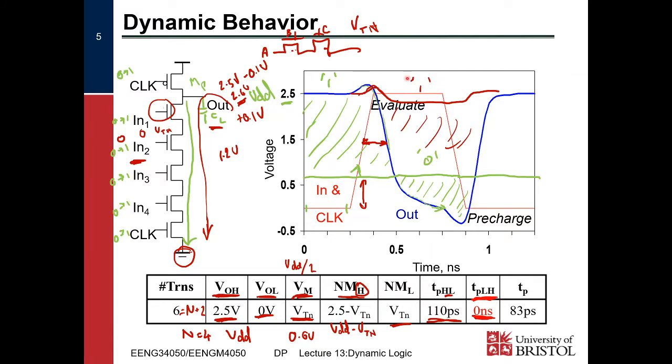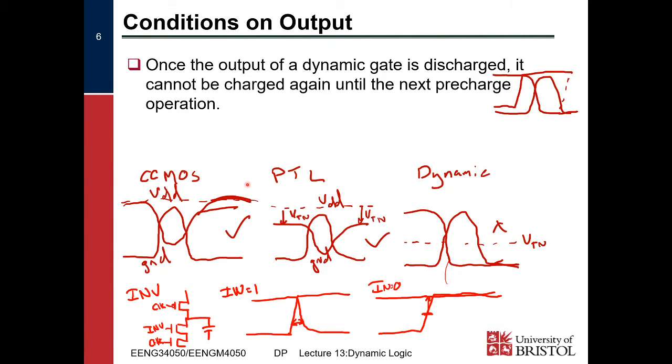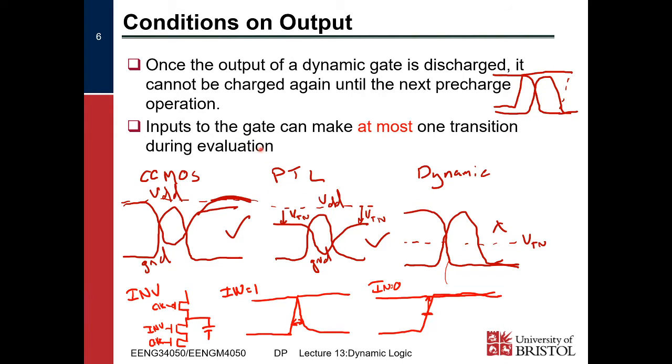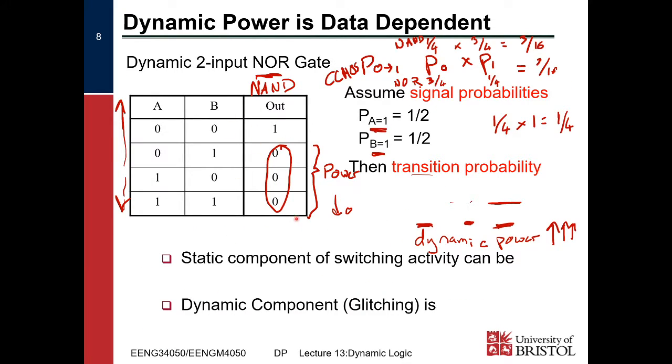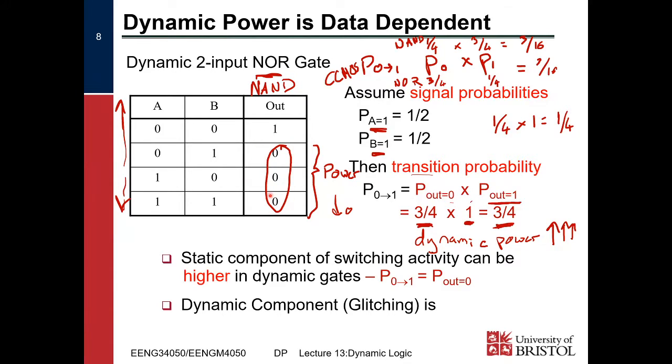It's got 0 low to high time, and then high to low time dependent just on these NMOS transistors, no extra parasitic capacitances from a pull-up network. We saw that if we have a glitch in our output, our dynamic gate will fail, so we can't have glitching. And we saw that the power is higher than complementary CMOS and is purely dependent on the number of zeros in our truth table. Right?